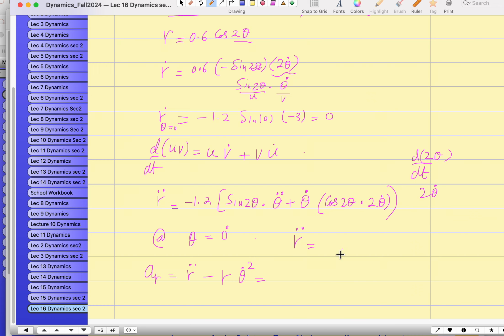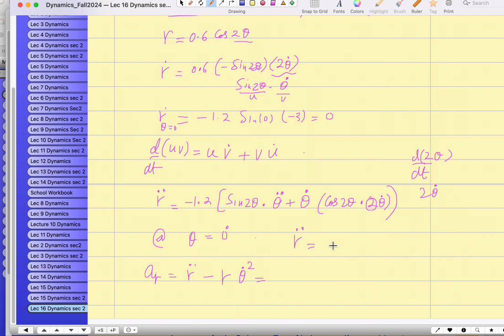If you plug in, this one goes to 0 here. The first term, let me write down here. First of all, negative 1.2 outside the parentheses. So this 2 also comes, let me make sure this is negative 1.2, 2 times. This is 2 theta, and this is negative 2. So what do you suggest?